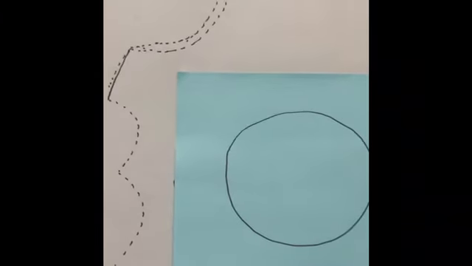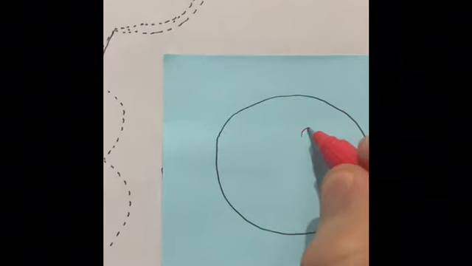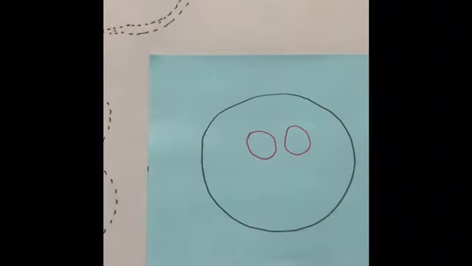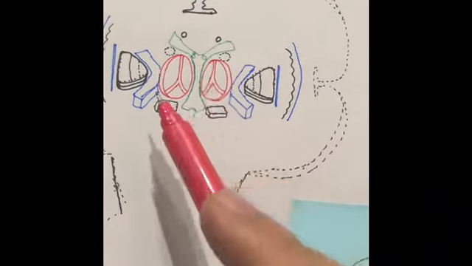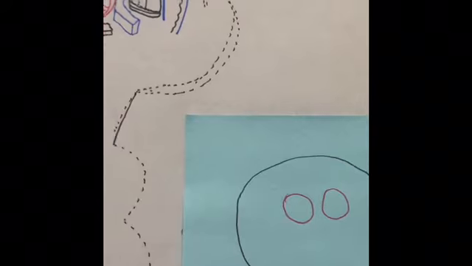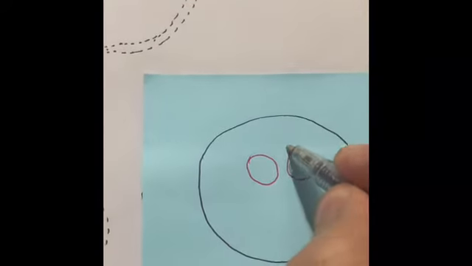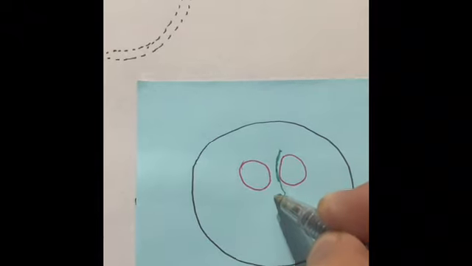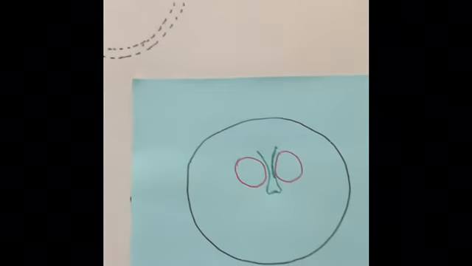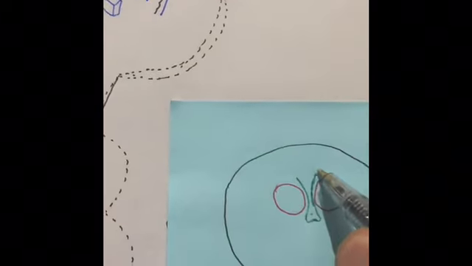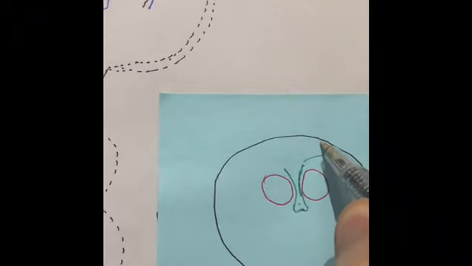On the monster's face, we will need two big eyes, right? So these two are the thalami. In between the thalami, we have another structure or cavity, which is the nose, and that is the third ventricle here. And on top you have the eyebrows, right?